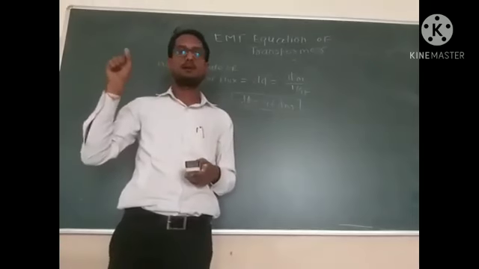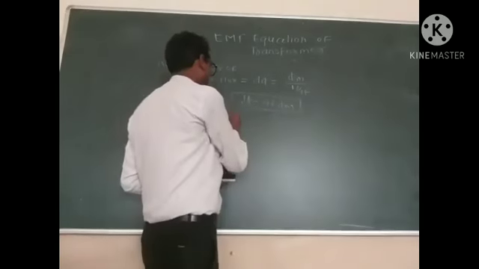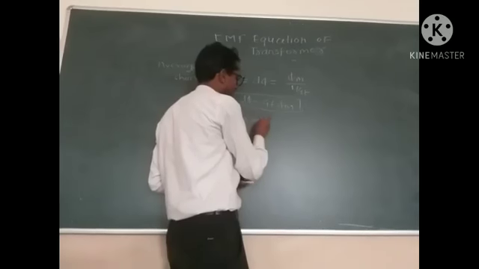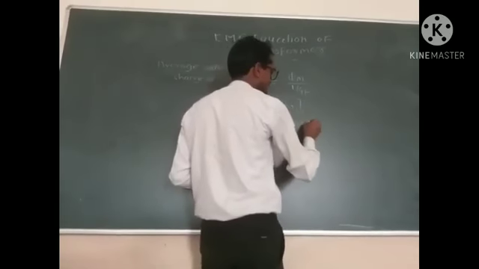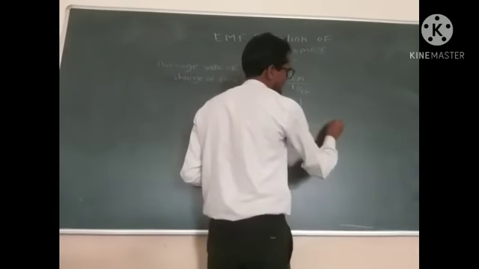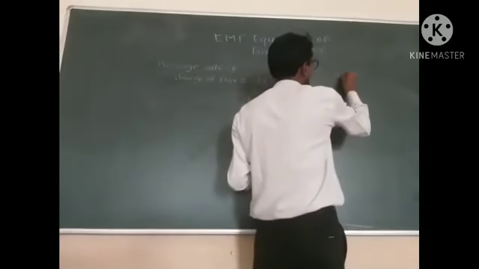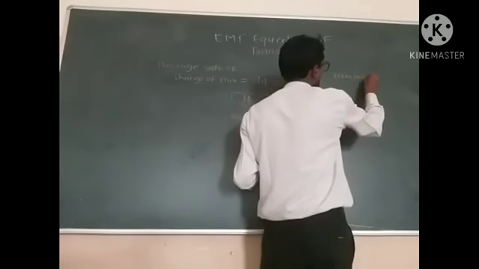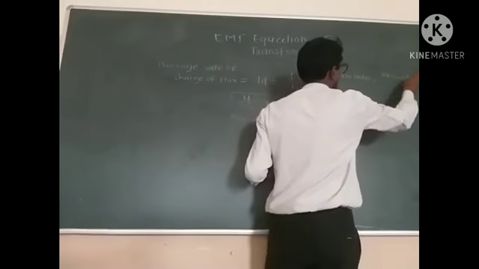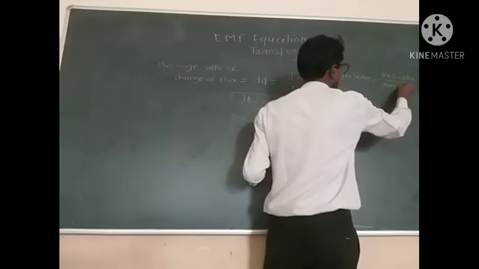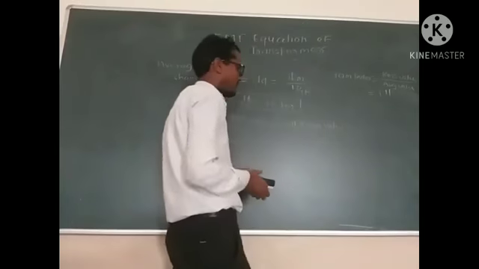into RMS value. So if we rearrange this term, we will get the RMS value equals 1.11 into average value, because we know that the formula for the form factor is RMS value upon average value, and the value of form factor is 1.11.